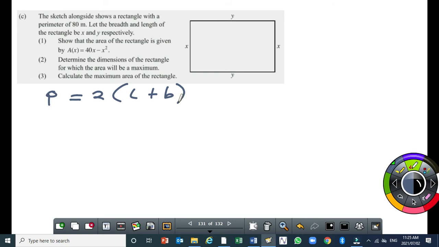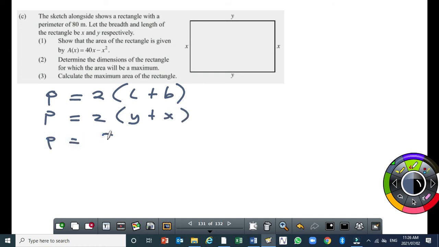Listen. The perimeter of this rectangle will be x plus y plus x plus y. That's the perimeter. But there's a general formula for perimeter: 2 times L plus B. So this becomes P equal to 2 times, in this case my length is y, so I'll start with y, y plus x.